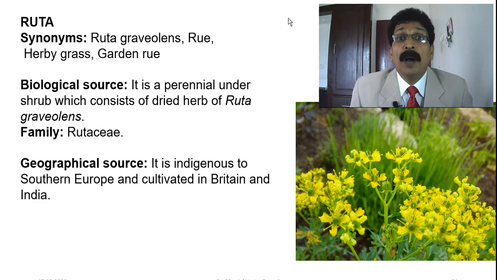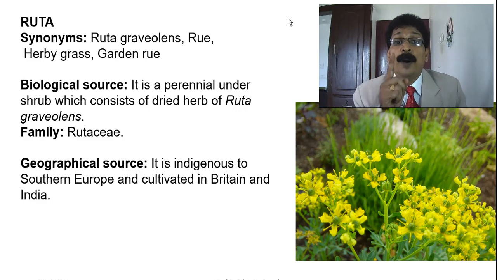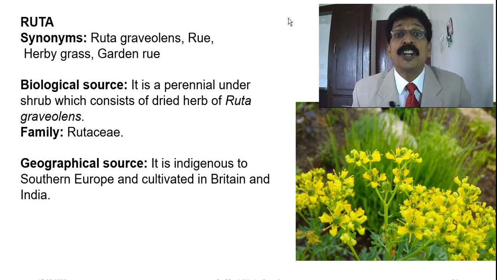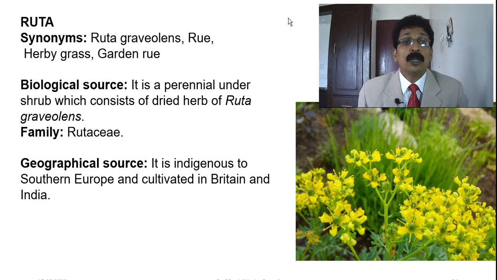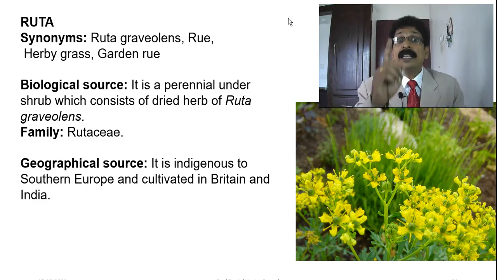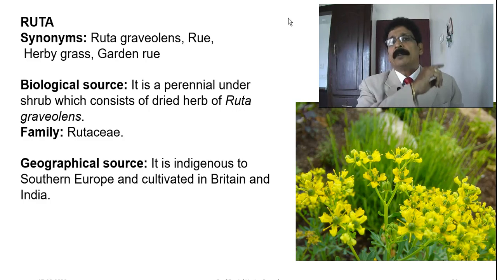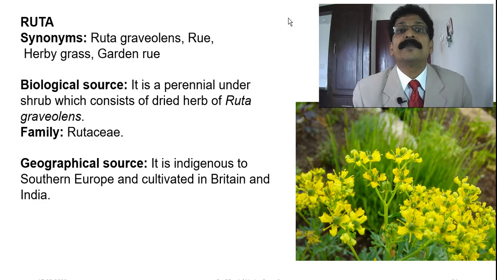As for the biological or botanical source, it is a perennial undershrub which consists of the dried herb of Ruta graveolens, family Rutaceae. Geographical source: it is indigenous to southern Europe and cultivated in Britain and in India. You see the picture, it has yellowish flowers.